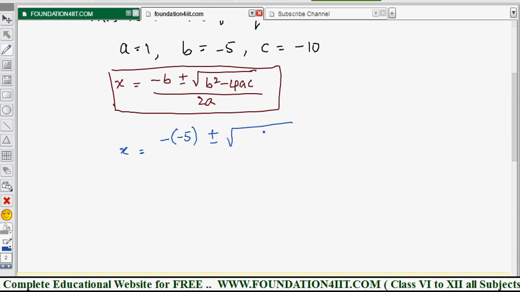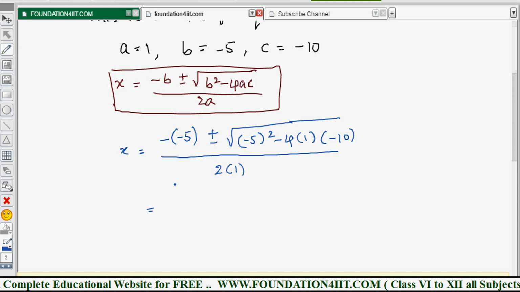Plus or minus under root b square, so b is minus 5 square, minus 4ac. a is 1 and c is minus 10. So maintain the brackets whenever you get negative terms, and you will not make mistakes. And 2 into a is 2 into 1. Minus into minus is plus, that is 5. So plus or minus under root of minus 5 whole square, so it's 25 because minus into minus is plus.